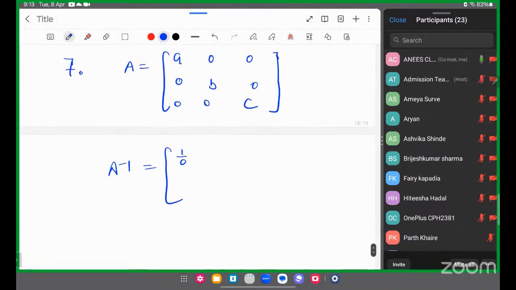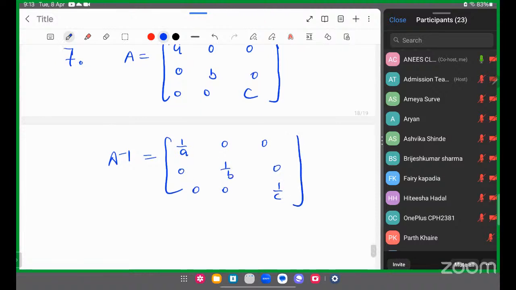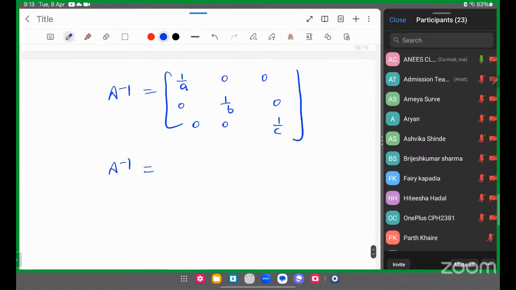So A inverse will be 1 by a 0 0, 0 1 by b 0, 0 0 1 by c, which clearly implies that the effect of inverse on a diagonal matrix is applied to the diagonal elements. So if we are taking the inverse of a diagonal matrix, we will just take the inverse of each diagonal element. So this will be inverse of a, inverse of b, and finally inverse of c. Understood or any doubt?